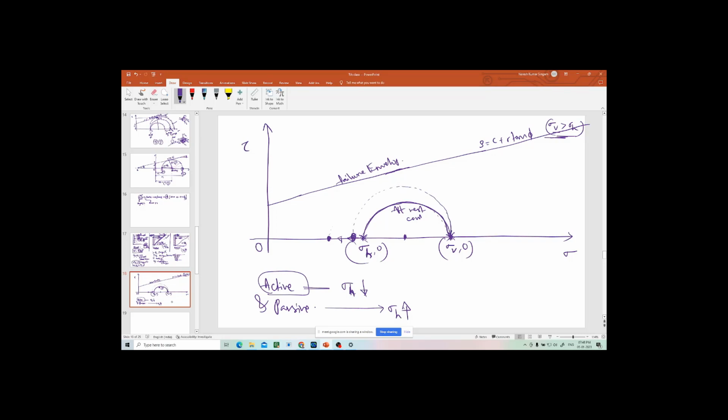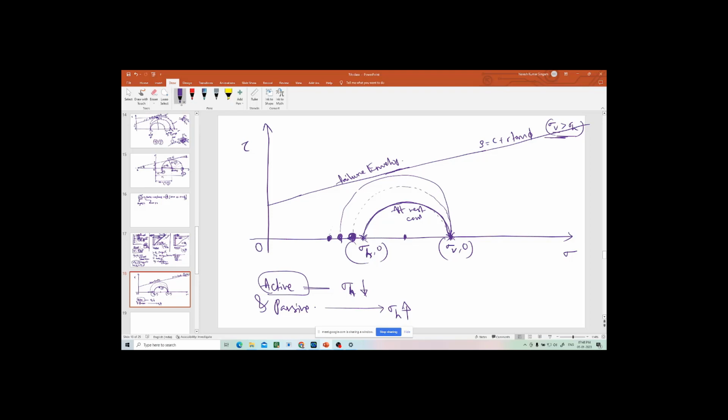Why is it the Mohr circle? Sigma v is constant, I am telling you. Sigma h has moved to this place. Now this is the new Mohr circle.